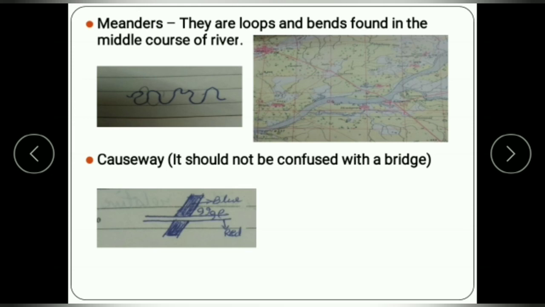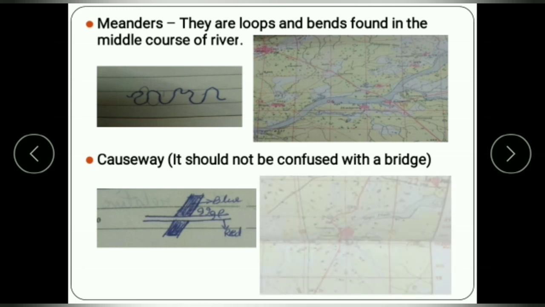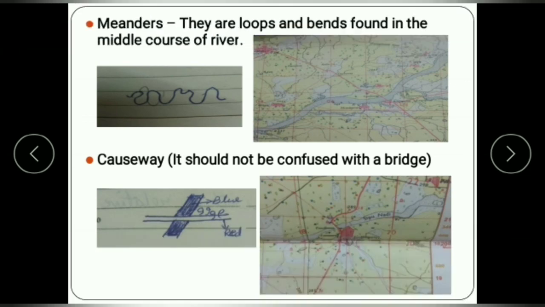Okay, in order to prevent the region from being overflooded, these causeways are made. So causeways on the topographical map will be indicated by the printed form. Okay, you can clearly see in this topographical map causeways are written.